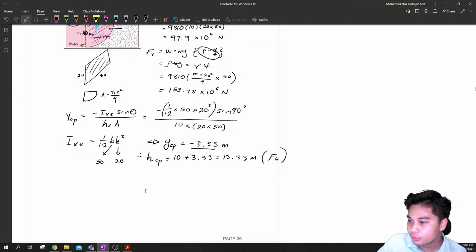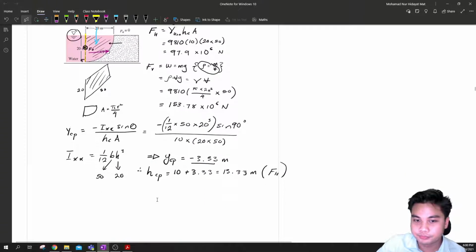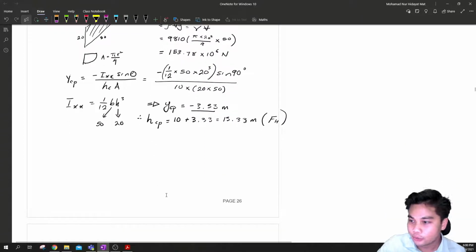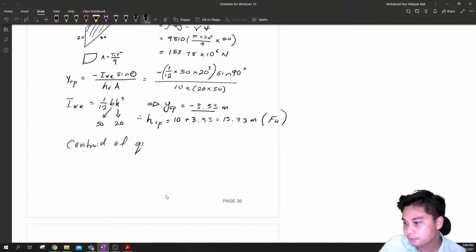Okay, so in order to find the location, you need to find the center of the quarter circle, or centroid. The centroid of a quarter circle is given by the formula 4r over 3 pi.